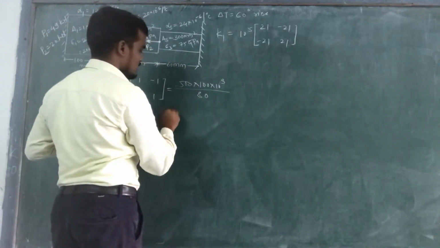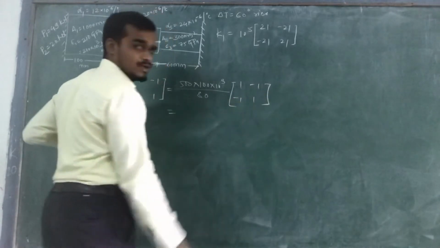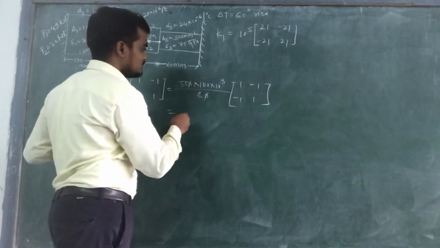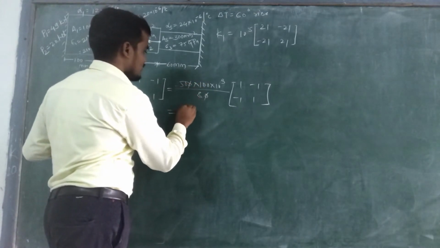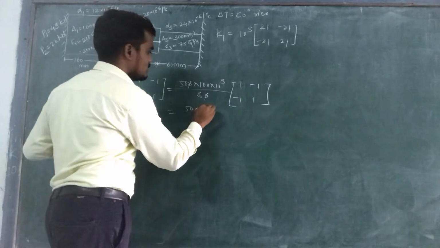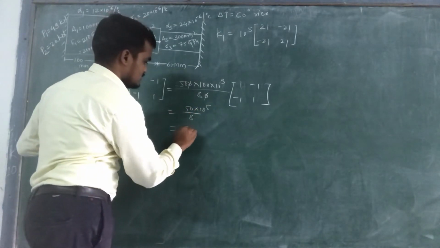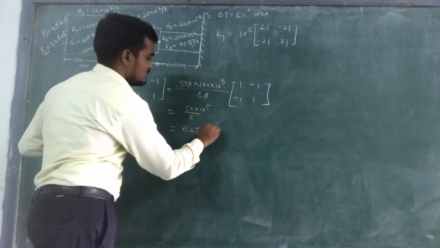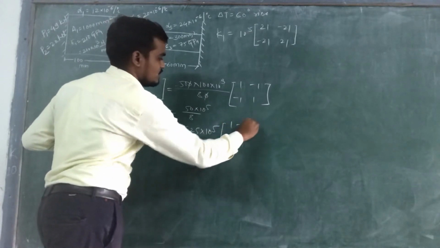So on simplifying into 1 minus 1 minus 1. Okay. So on simplifying this, we will get 50 into 10 raised to power 5 divided by 8, so 6.25 into 10 raised to power 5 in bracket 1 minus 1 minus 1.